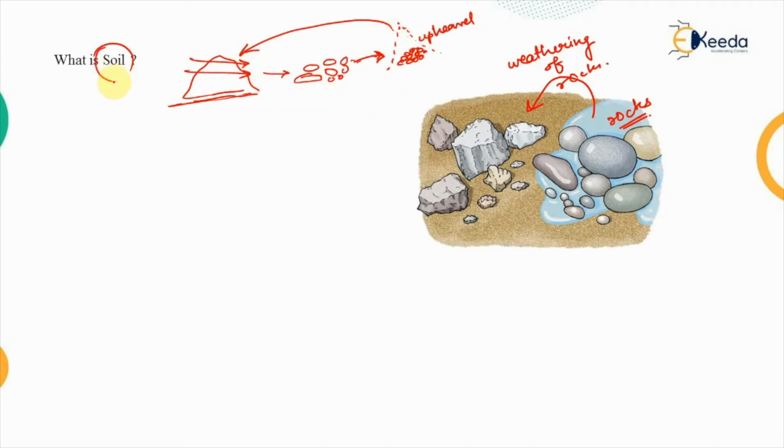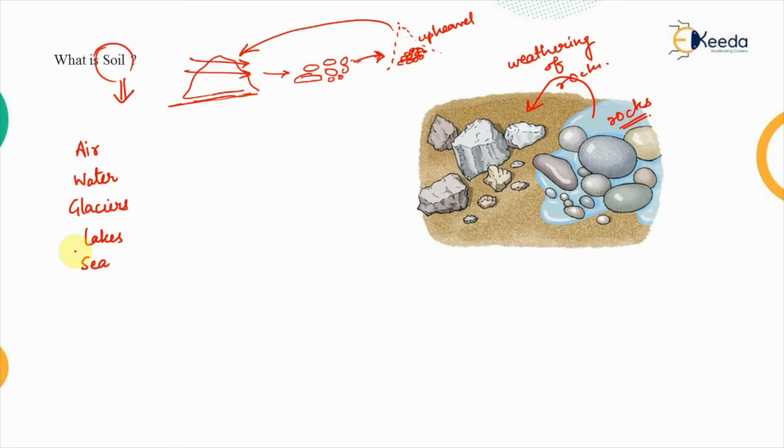So this is a cycle which evolves around it. Soil is the material obtained after the disintegration of the rocks. The agencies which may cause this disintegration may be either the air, the water, the glaciers, the lake or the sea water, or there may be n number of agencies.